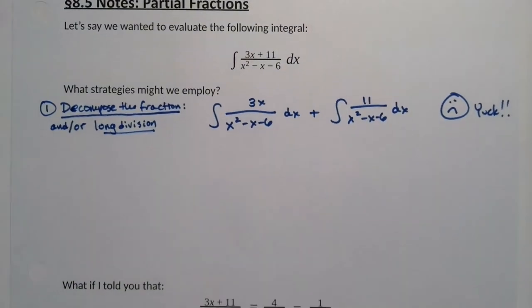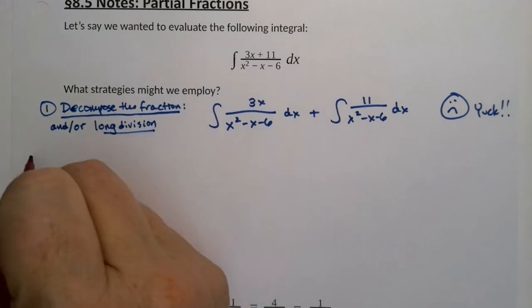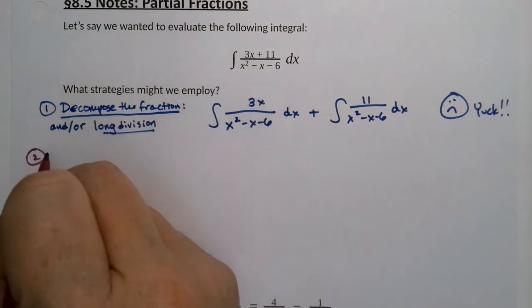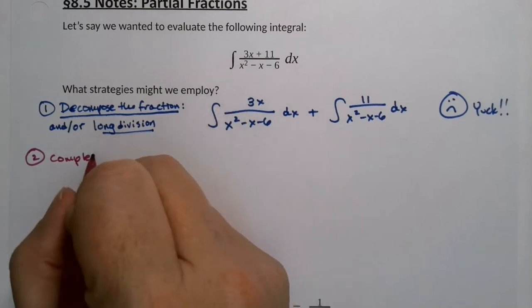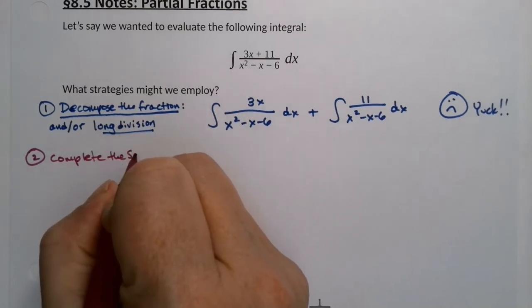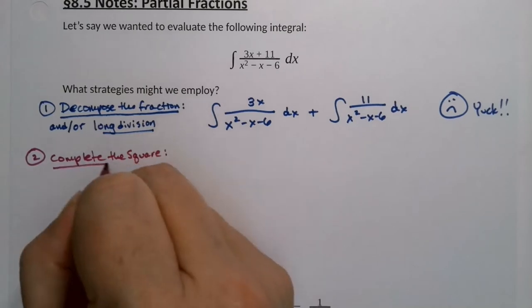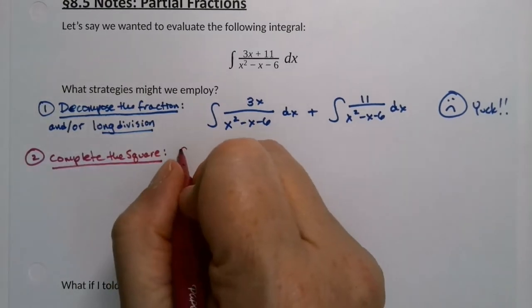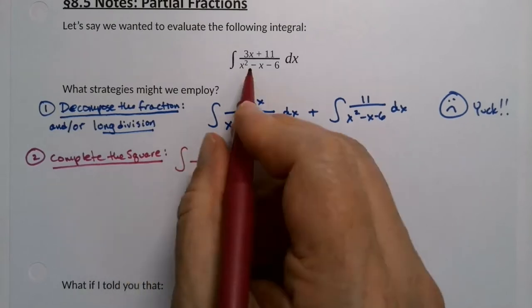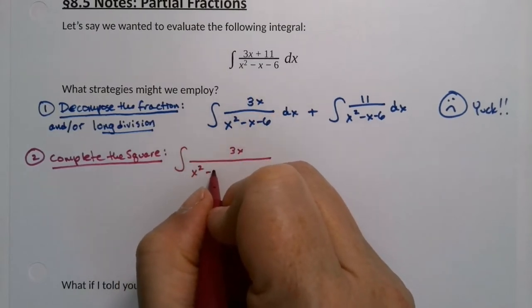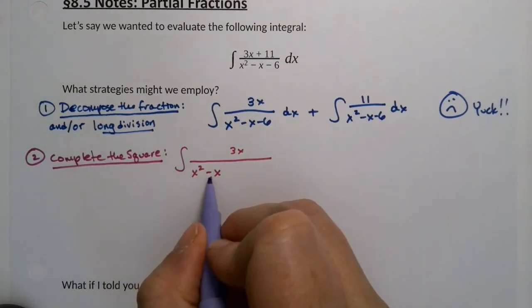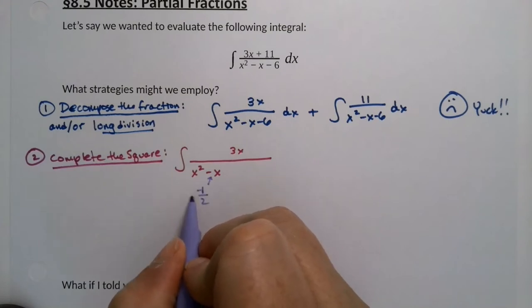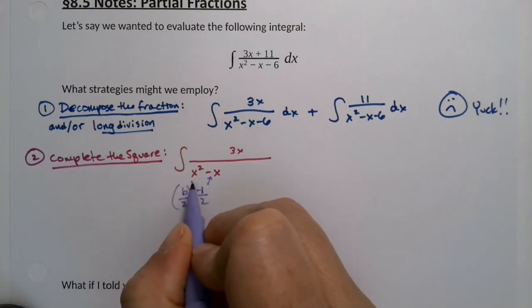Okay, speaking of completing the square, let's try that. That's a method. Not one of your favorites, but we could do it. We could see that the denominator is a quadratic trinomial, so we can try completing the square. Completing the square is a technique for quadratics. So we could say it's 3x over x squared minus x, and then take b, which is negative 1, over 2, and square it.